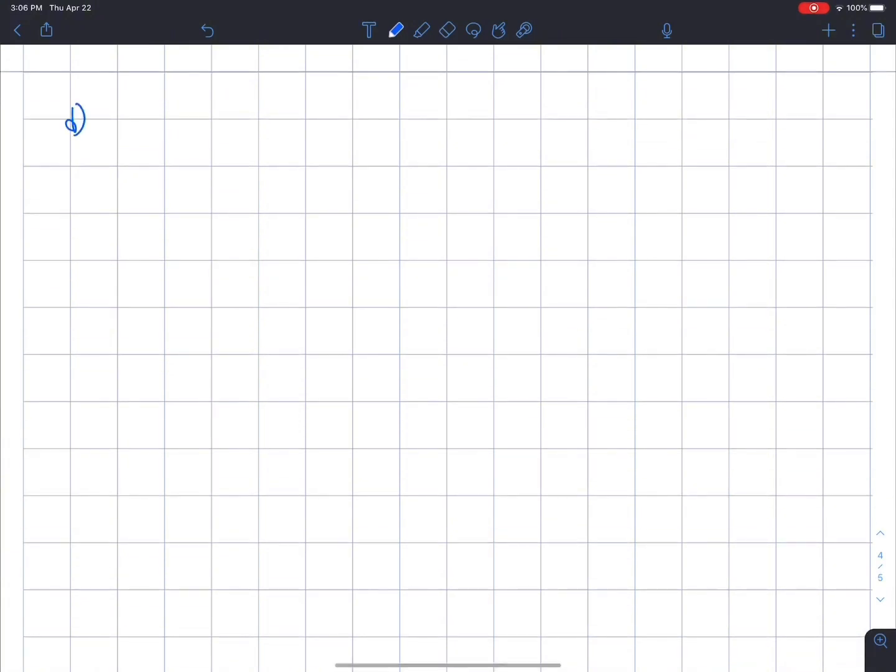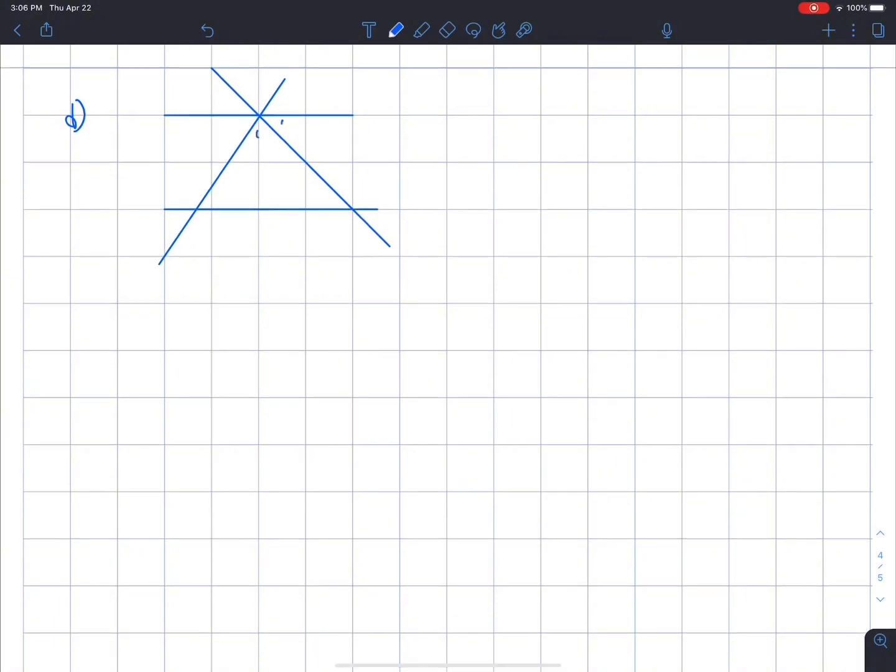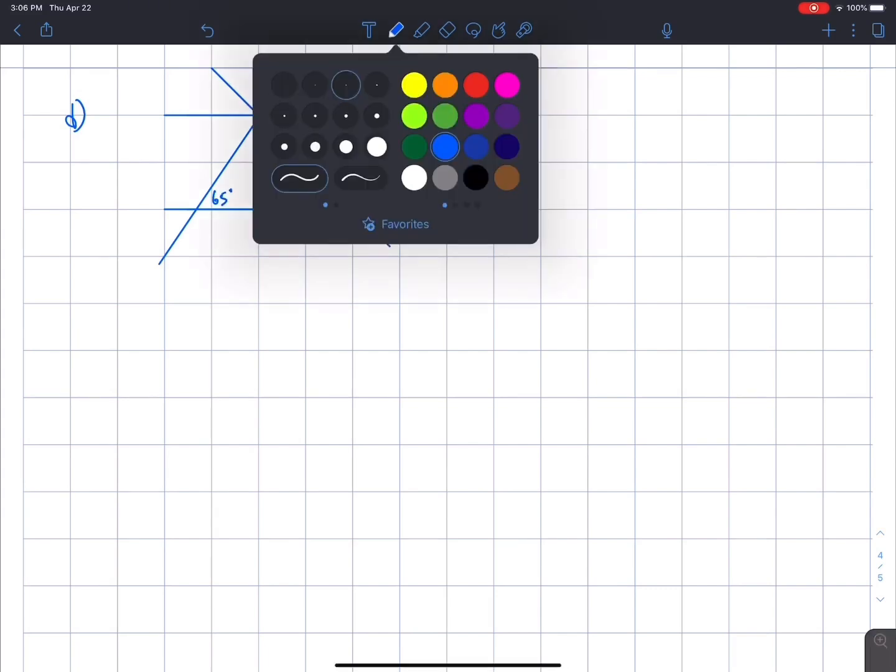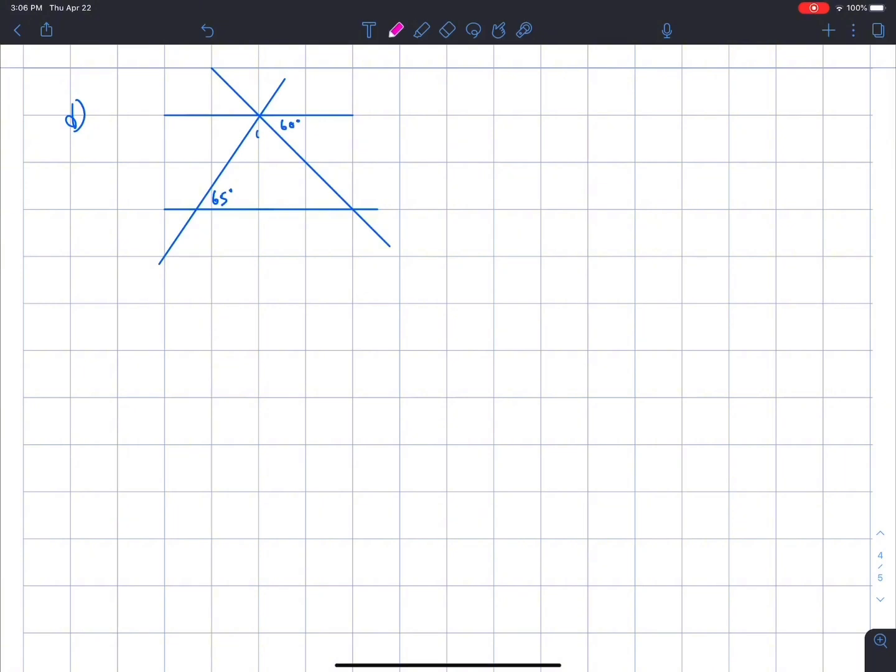Moving on to question D. Okay, I can say that these are alternate interior angles.